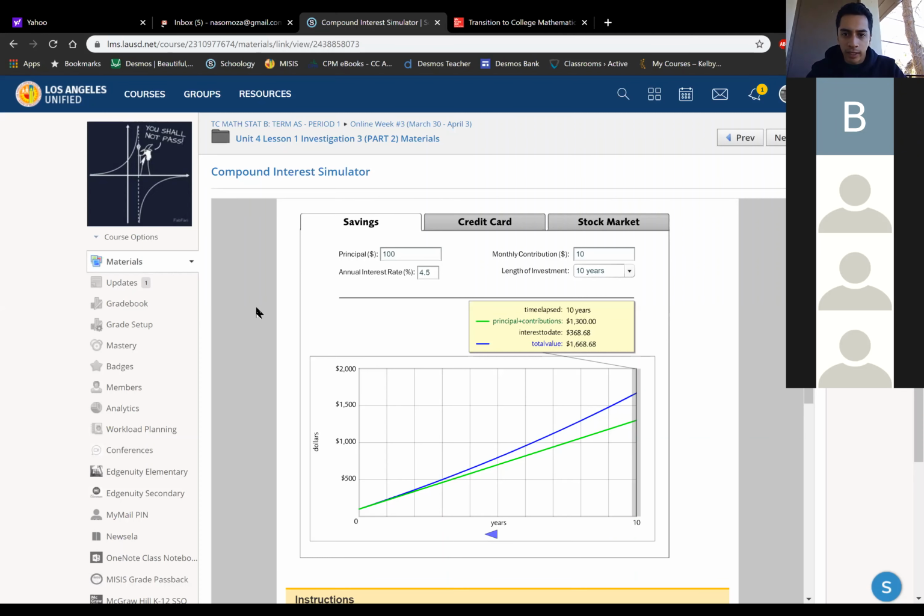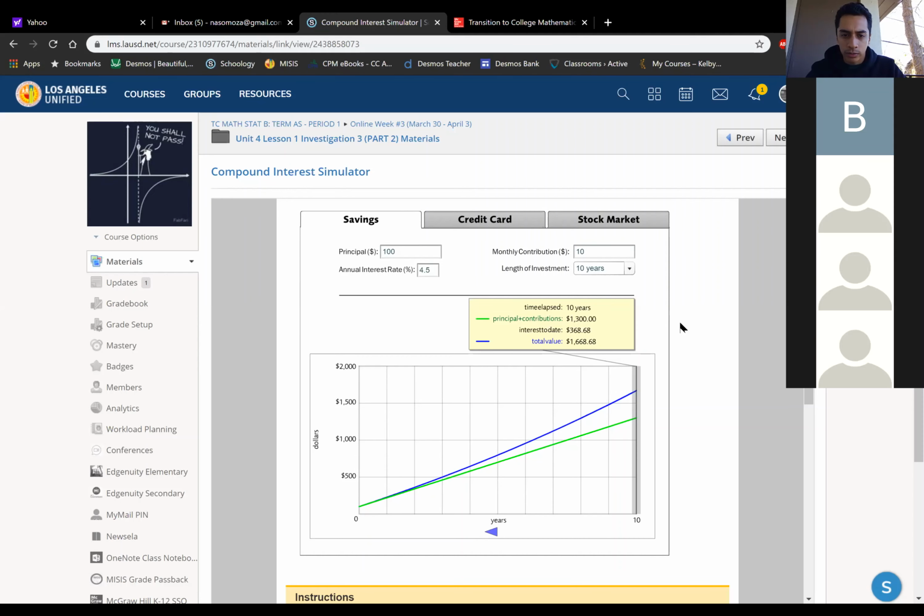If you're having a hard time, it's okay. I'll go ahead and just show you right here on my screen, basically how it works. Let me switch back to the other. Let me just share my whole screen.